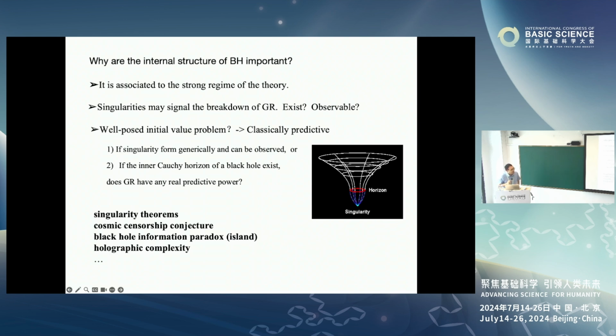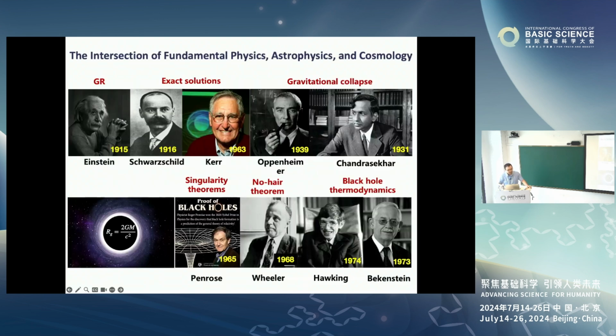There are many important features closely related to the internal dynamics inside the black hole, like the singularity theorem I just mentioned, the cosmic censorship conjecture given by Penrose, the black hole information paradox, and even, from the holographic duality side, holographic complexity.